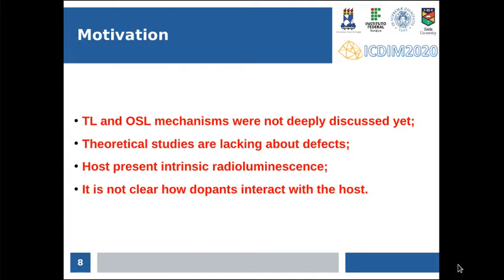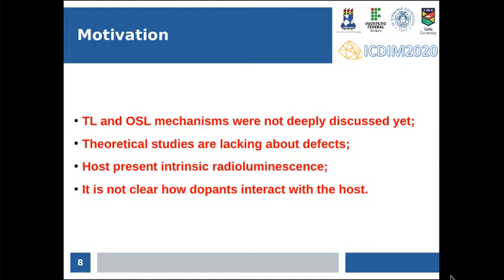Some papers have reported intrinsic emission, but they don't point out which defect is related to it. Also, for dopants, it's not clear how they interact with the host, if, for example, a charge compensation is necessary or if it's possible a substitution in the boron site. It's not clear.